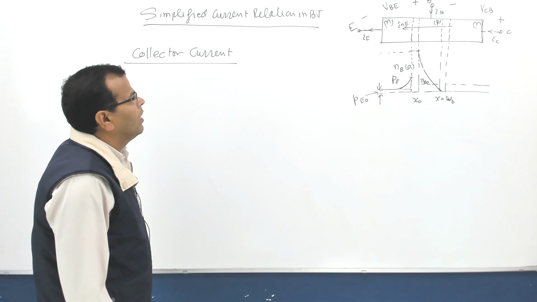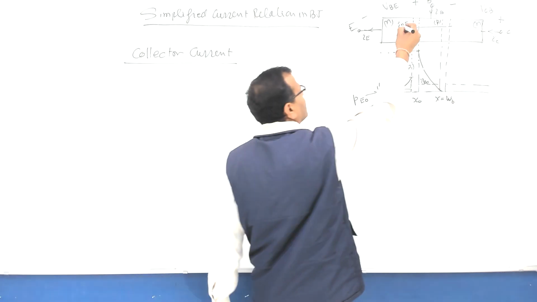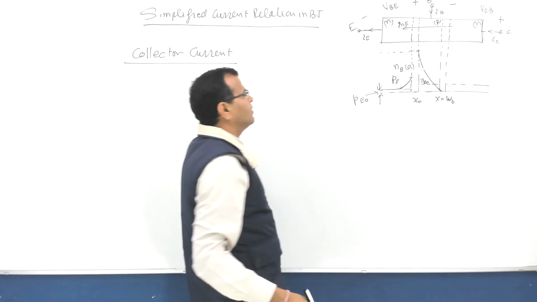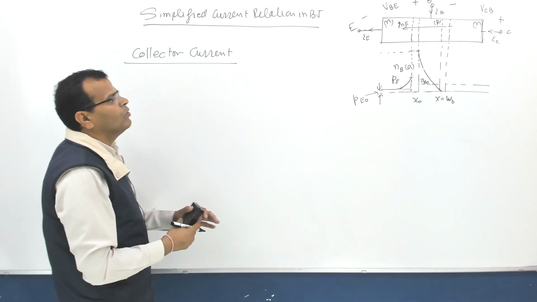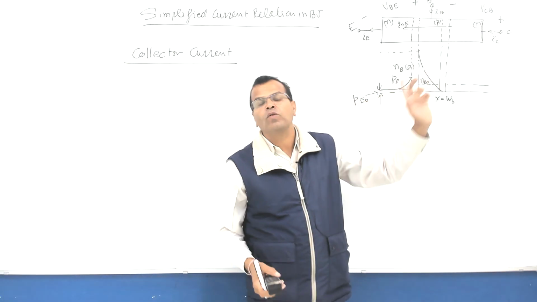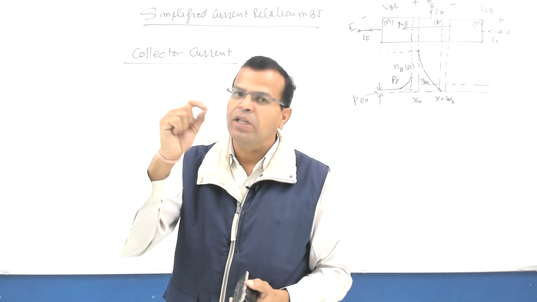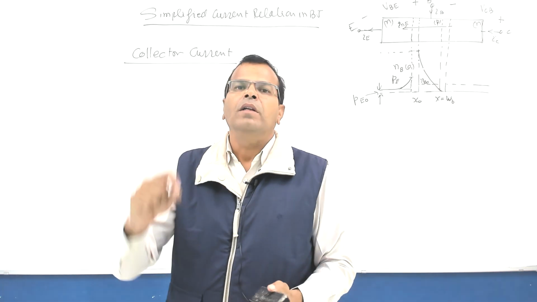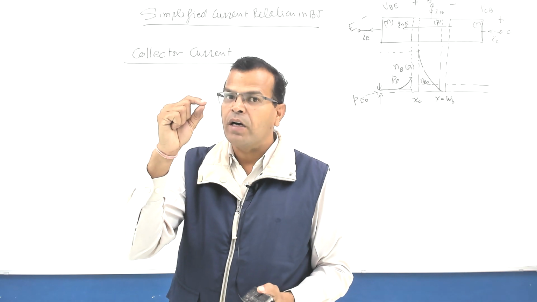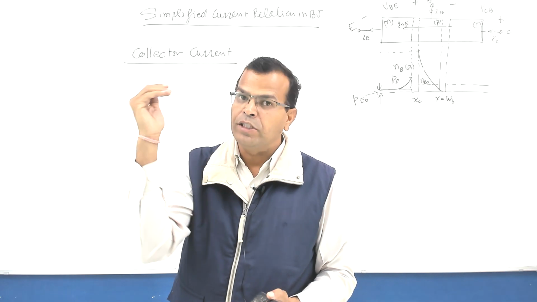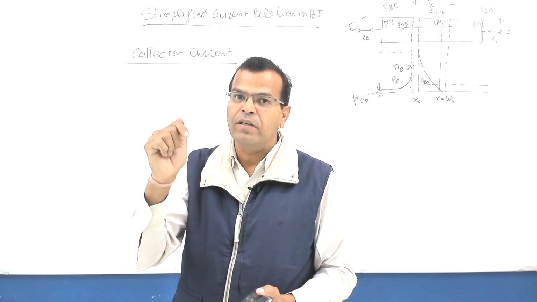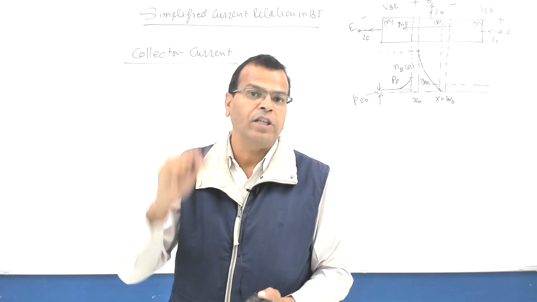Fine. Now before I start with the expression, the very first thing I will be talking about is the diffusion of the carriers across the forward bias junction. Remember, when a PN junction is forward biased, the major component of the current is because of the injection of minority carriers across the forward biased junction.